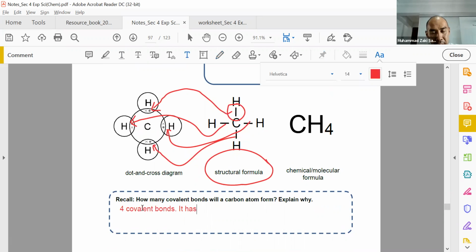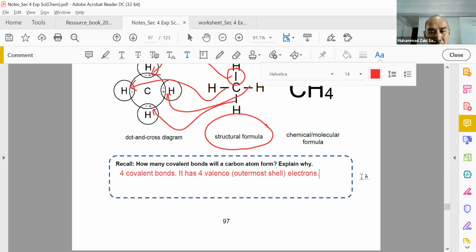Because if you look at the carbon atom, it has 4 valence electrons in its outermost shell. That's the why. There's something I need to fill out, but that will be later. I just want to let you see what alkenes are. Let's turn to the next page, 200.